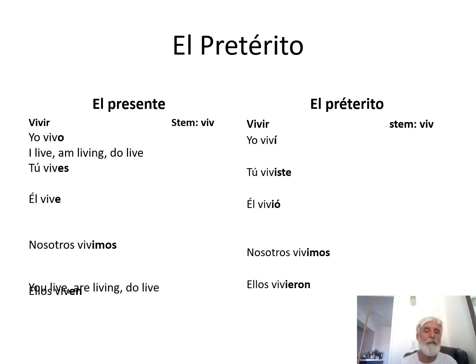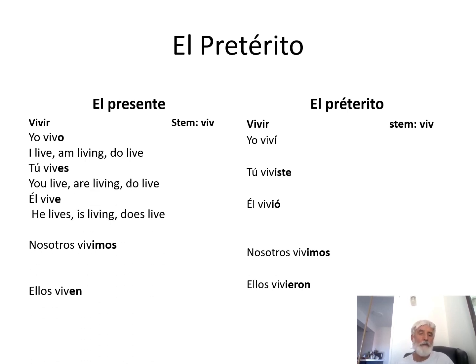Tú vives, you are living or you do live. Él vive, he lives or is living or does live. And nosotros vivimos, we live, we do live, we are living. And finally, ellos viven, they live, they are living, or do live. Notice again in English, we can describe the present tense in many different ways. That's why I gave you those alternate ways of expressing the present tense.